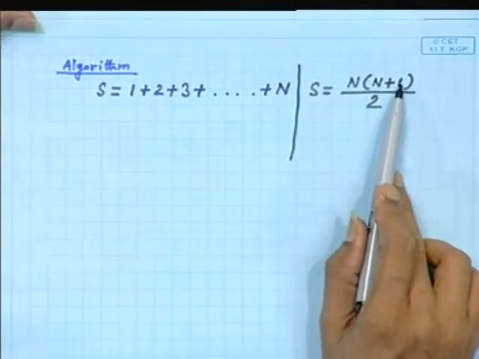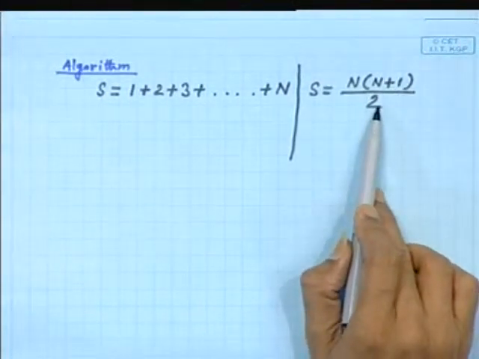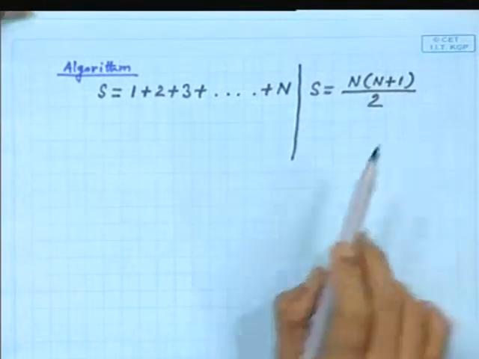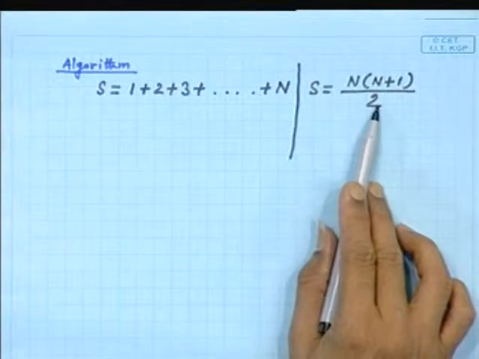So if you look at the hardware, it is quite reduced. And division by 2, in binary, is nothing but a shift of the point. In decimal, if you shift the point, it is divided by 10. So in binary, if you shift the point, you don't really require any hardware. Whatever lines are coming out, if you just change their definition, it will automatically be scaled by a factor of 2.